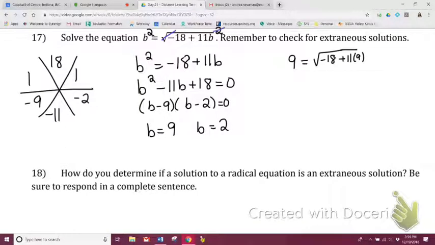If I plug in 9, 9 times 11 gives you 99 minus 18 gives you 81. So really this is 9 equals the square root of 81. Well, what is the square root of 81? 9. So does 9 work? Yes. So 9's not extraneous. Go back and check 2.